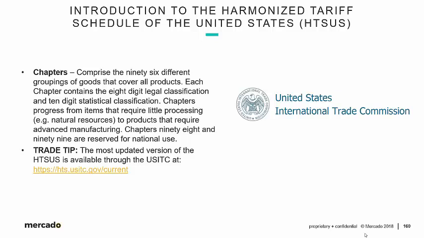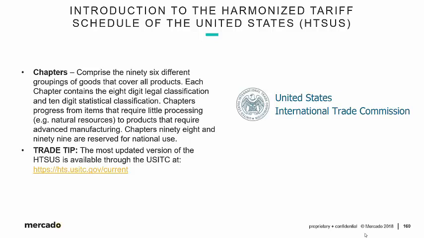Chapters are where we see the progression of classification from items that require little processing, for example, natural resources, they would be in the earlier chapters, to products that require advanced manufacturing. They would be found in later chapters. As a quick note, chapters 98 and 99 are reserved for national use.